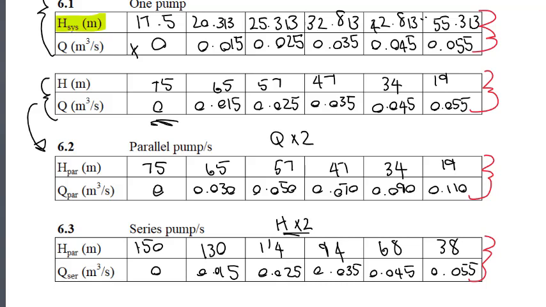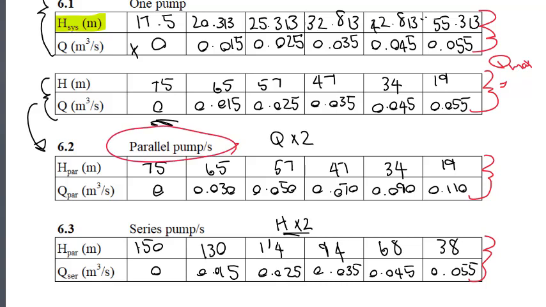So first of all, we need to look at what the maximum values from the data are. Let's start with the Q values. So Q max, the maximum Q value, will be found where you have your parallel pumps.